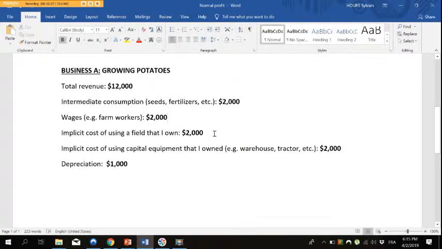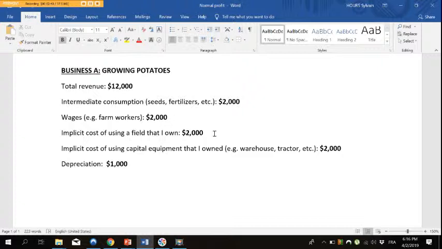Also, it's clear that I said this farmer owns the field, but it does not mean that using the field is free. Nothing is ever free in economics.